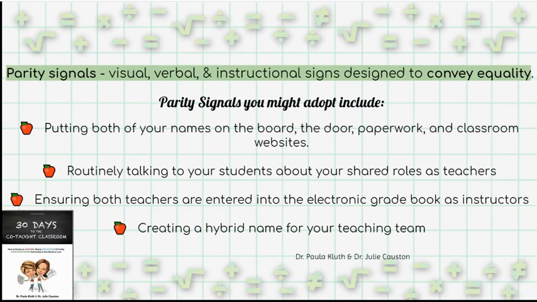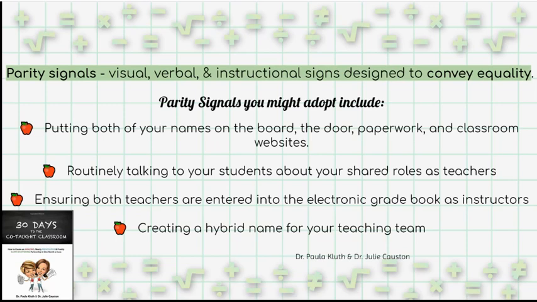Now, when we talk about parity signals, we're really talking about the visual, verbal, instructional signs designed to convey equity. That's how it's defined. And so some examples could be putting both of your names on the board, the door, on the papers, whatever you hand out to signal where the information is coming from. It should include both of your names.